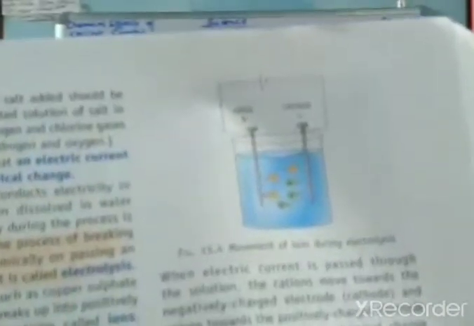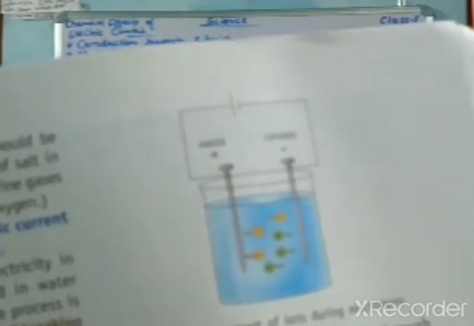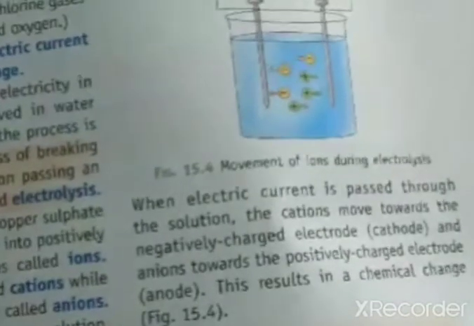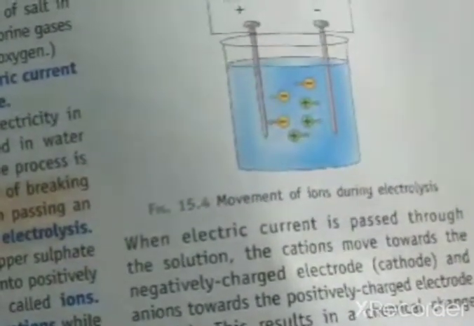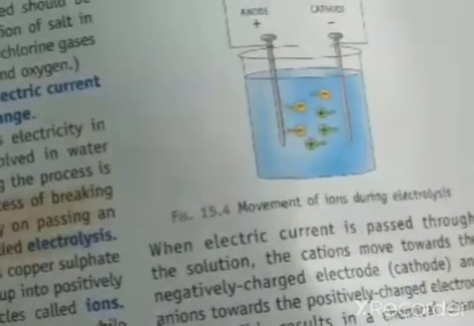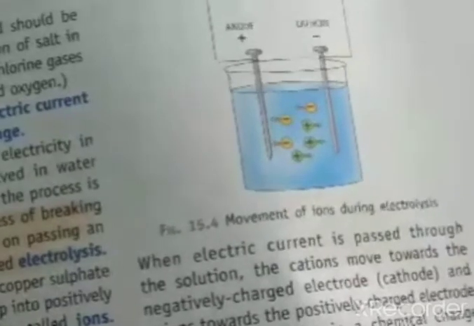This is a good figure to understand the anode and cathode. The anode is the point of positive charge, and the cathode is the point where negative charge will come. When electric current is passed through the solution, the cations move toward the negatively charged electrode, which is the cathode.